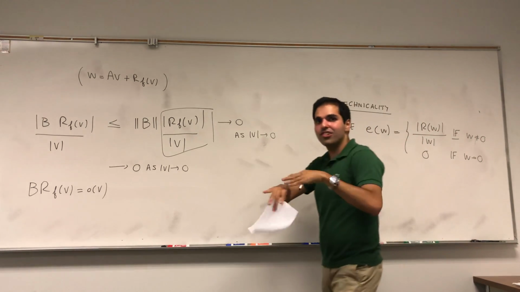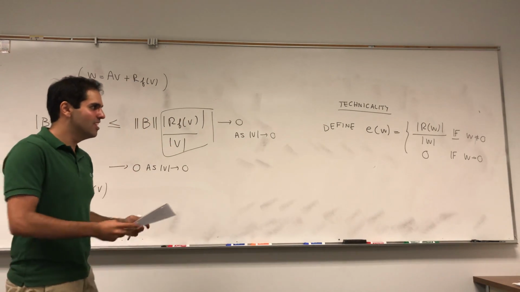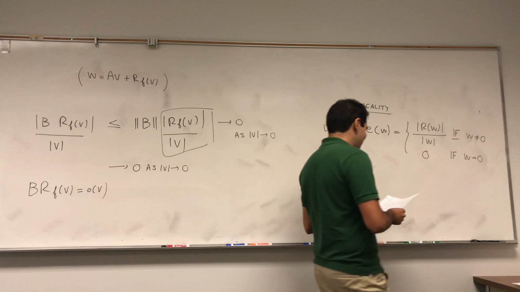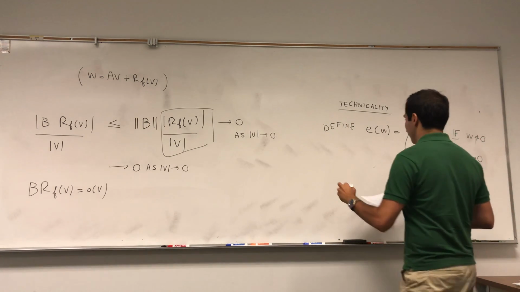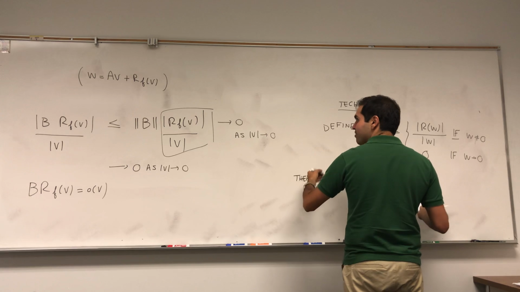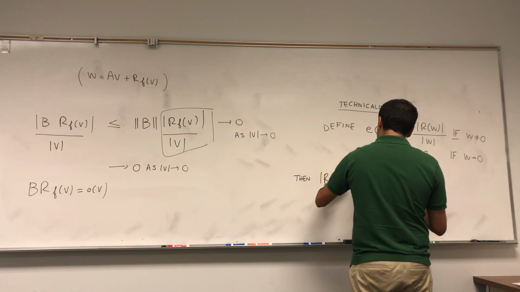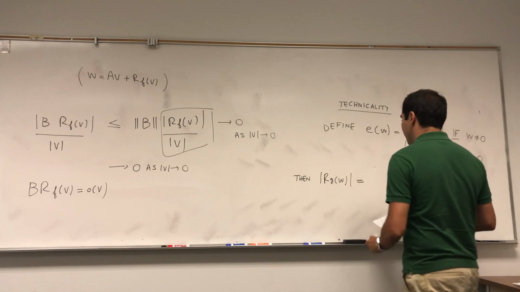Thinking calculus, you're just completing the hole. It has this removable discontinuity, and you just add it back. Then what happens? Remember, we want to estimate Rg of w, right?